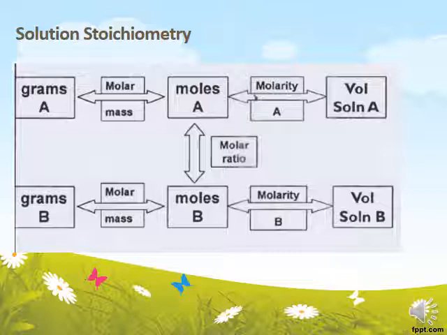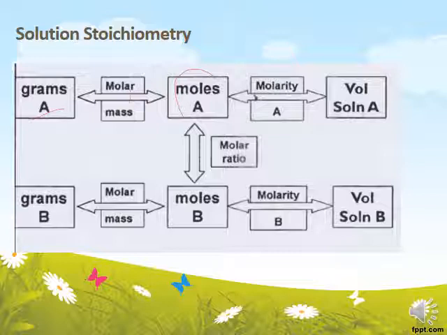So if we have substance A and B, it doesn't matter whether it is between two reactants or one is reactant and the other is product, in terms of molar ratio it is always based on stoichiometry. If we have the information on mole and molar mass, we can find grams.